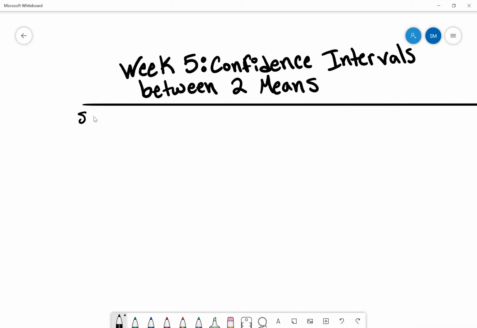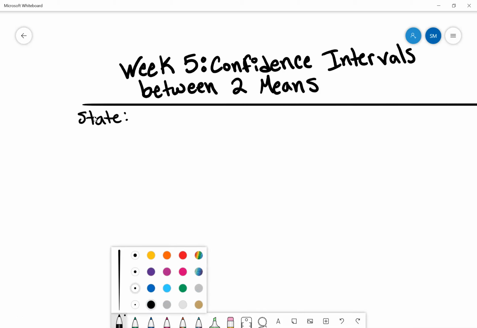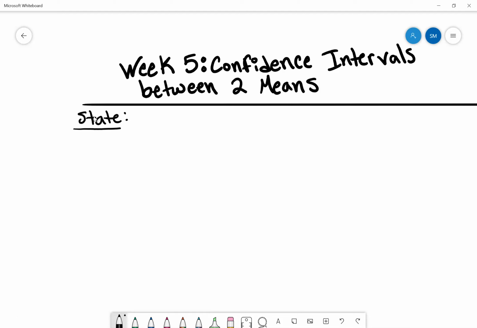So the first thing that we need to know is state, because we're just going to continue with state, plan, do, conclude all day long. Now, whenever we're doing our null and alternative hypothesis, we are going to be using mu, because mu is a population mean.